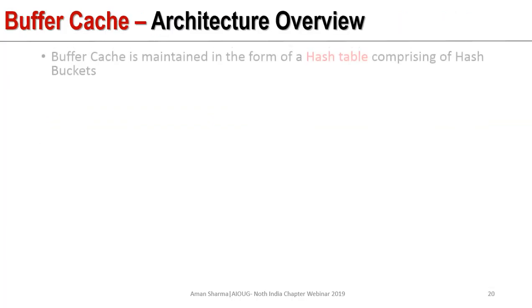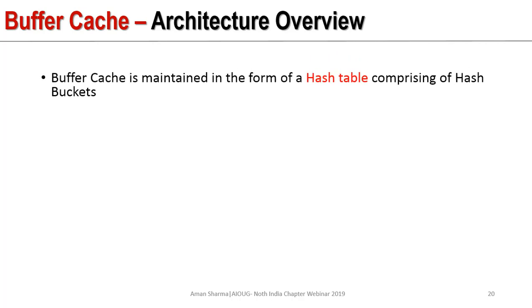Now, the buffer cache is made internally in terms of a hash table. So what Oracle is going to do is create a hash key value pair for every block accessed, and that key value pair is used to maintain the information of the particular buffers inside the buffer cache.